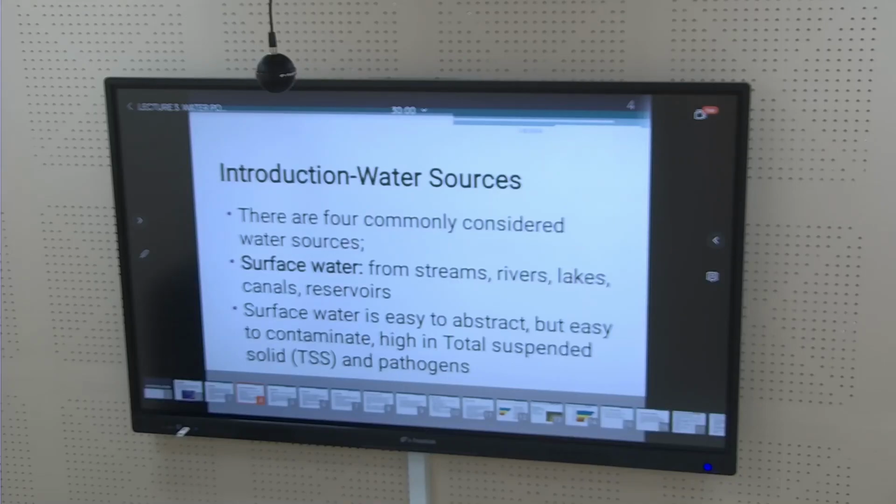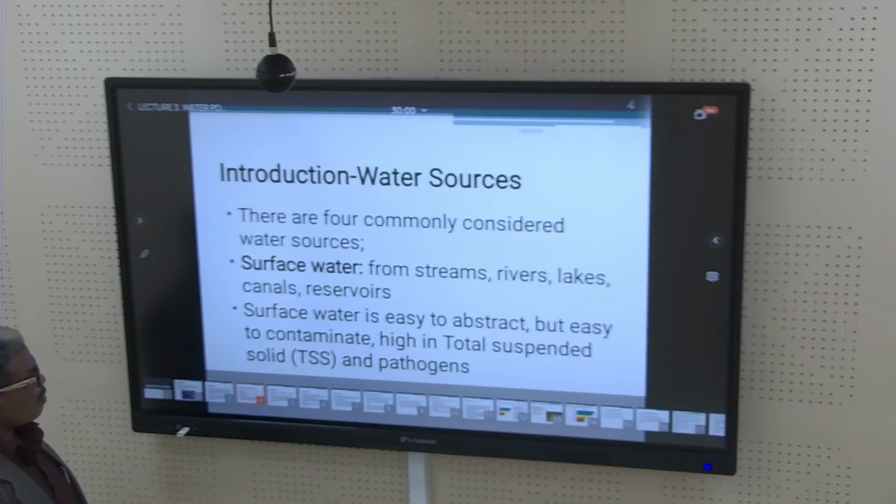Let's see now the water sources. There are 4 commonly considered water sources. Surface water, which are from streams, rivers, lakes, canals, or reservoirs.